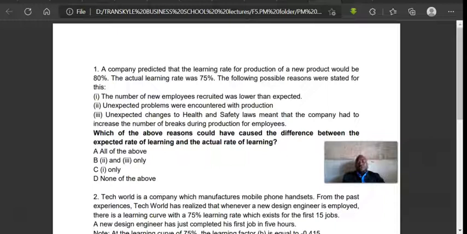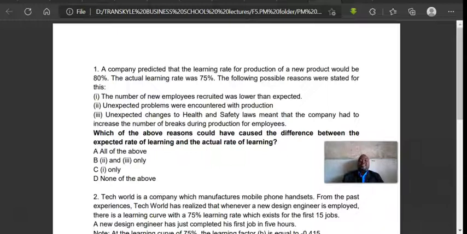Okay, so what could be the possible reason? According to our budget, we were budgeting to have a learning rate of 80%. However, on the ground, we discovered that the learning rate is now 75%. What could be the reason behind this difference?